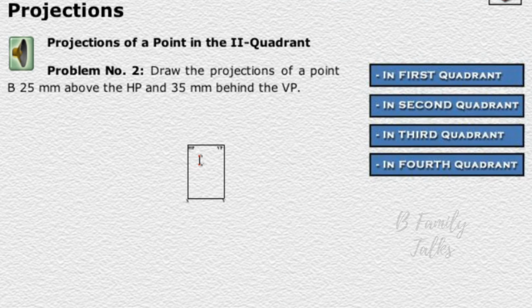Projection of point in the second quadrant. Problem number 2. Draw the projections of point B 25 mm above the HP and 35 mm behind the VP.